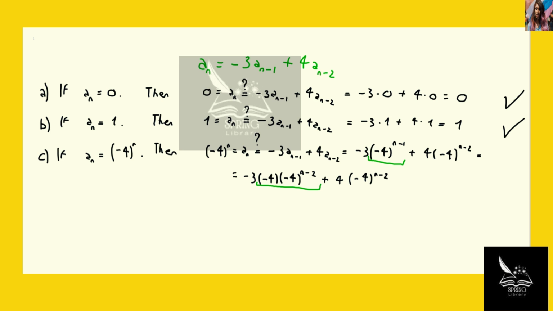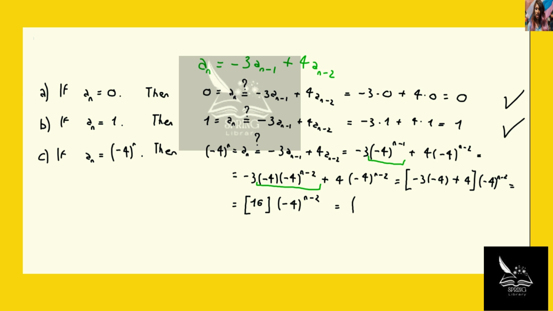But now we see that we have (-4)^{n-2} that we can factor out. So let's write everything in brackets. We have -3 that multiplies -4 plus 4, everything collecting (-4)^{n-2}. Now inside the square brackets, there's just simple computation. That's 12 plus 4, so 16 that multiplies (-4)^{n-2}.